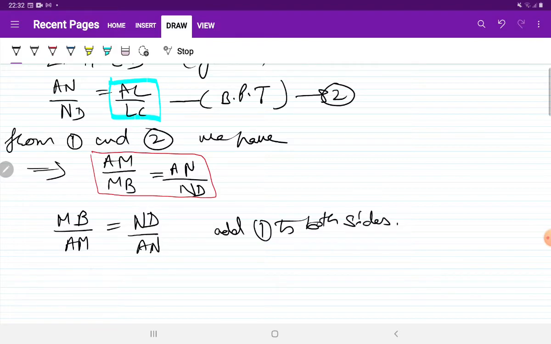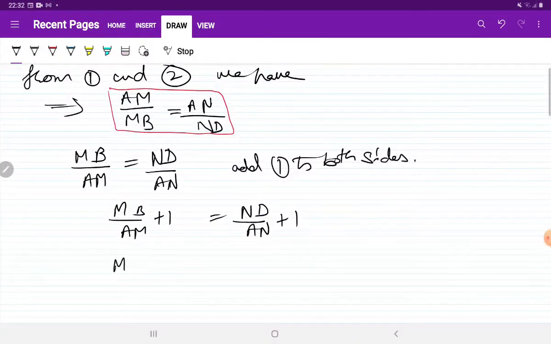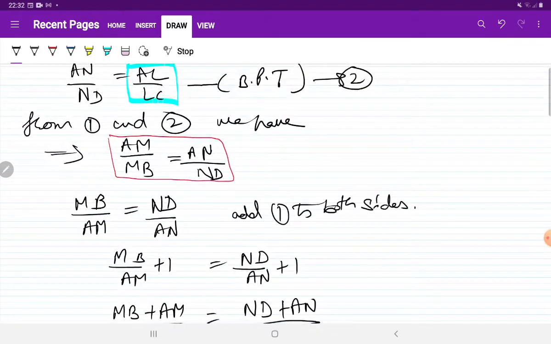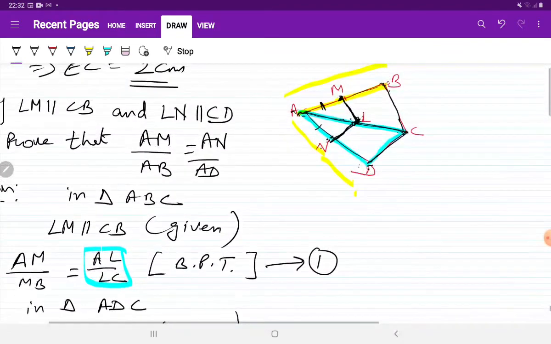Okay. So I have MB upon AM plus 1 is equal to ND upon AN plus 1. Now taking LCM, what will we get? MB plus AM upon AM is equal to ND plus AN upon AN. Okay. Now MB plus AM, come to your diagram.